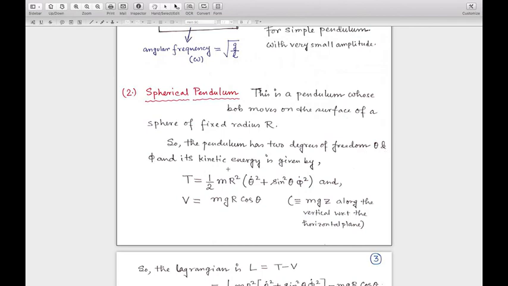And as we all know, again the velocity in 3D spherical coordinates is r dot r cap plus r theta dot theta cap plus r sin theta phi dot phi cap. Then basically you can finally say that as r dot is equal to 0, the total kinetic energy is nothing but half m r square times theta dot square plus sin square theta phi dot square.